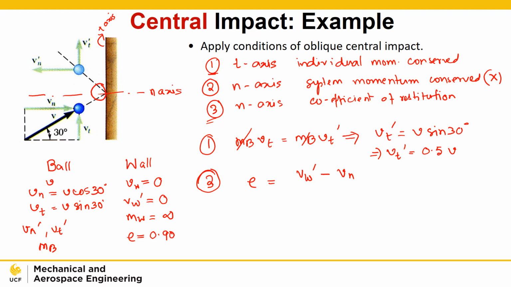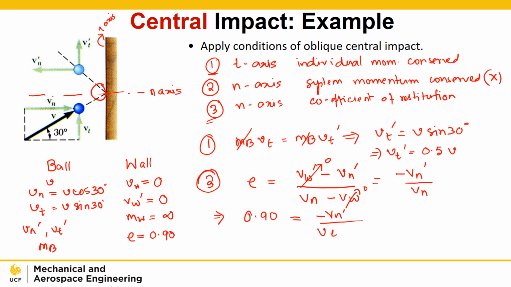Therefore, Vw prime minus Vn prime is divided by Vn minus Vw. These two are 0. So therefore E is equal to minus Vn prime over Vn. The value of E is given to be 0.90. Therefore 0.9 is equal to minus Vn prime, which is unknown, over Vn, which is V cos 30.